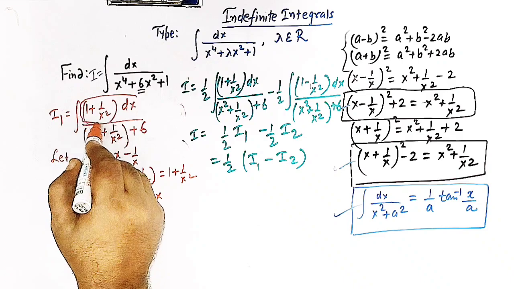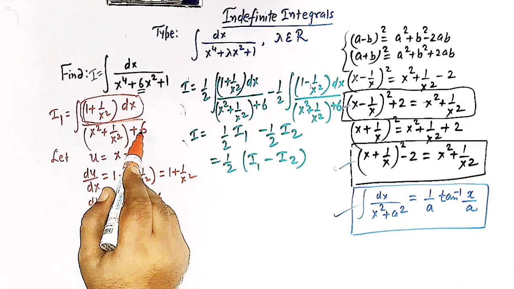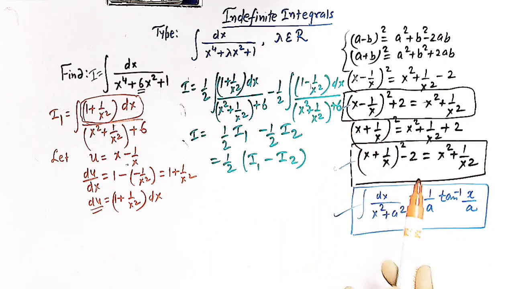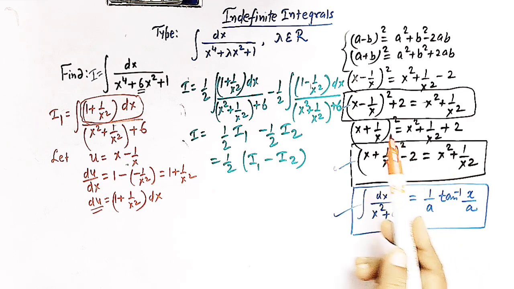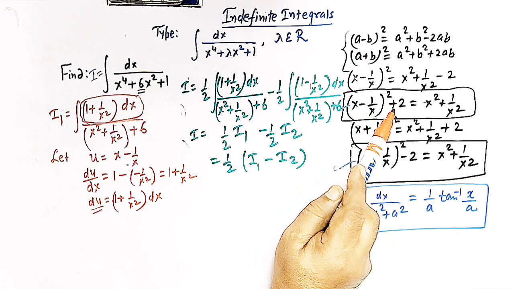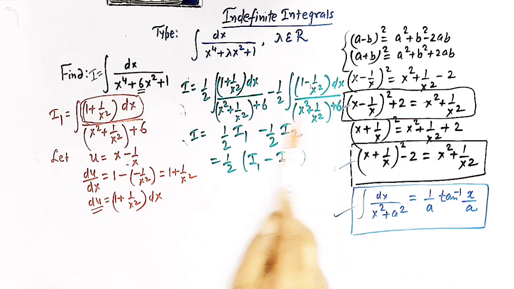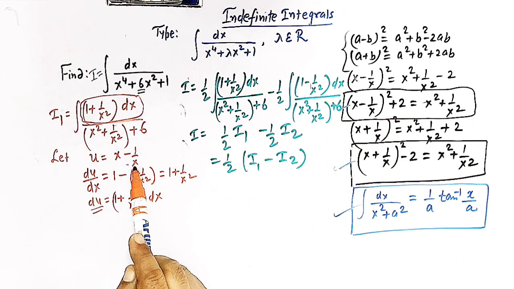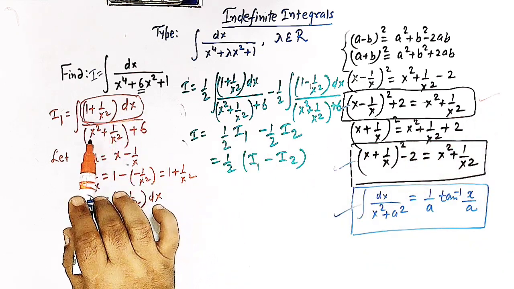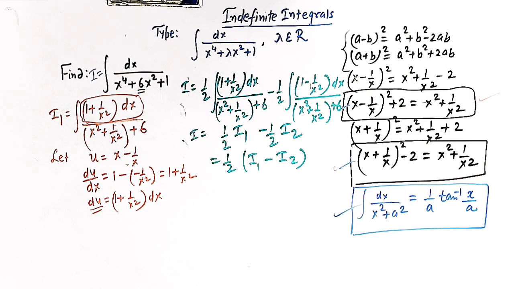So for this quantity, we can simply write du, and in the denominator we have x square plus 1 over x square. So we can now use this expression, that is x minus 1 over x whole square plus 2 is equal to x square plus 1 over x square, right? Because here we are taking u is equal to x minus 1 over x, so we'll now make use of this expression to express x square plus 1 over x square in terms of u.